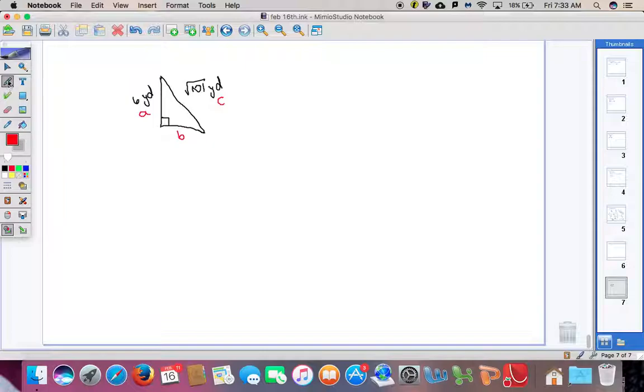Okay, so what we have here is a leg and a hypotenuse, and what we need is the other leg. Okay, so if I'm using my equation that says a squared plus b squared equals c squared, that Pythagorean theorem, I'm going to substitute what I have, which is 6 squared plus x squared, and that equals the square root of 101 squared.